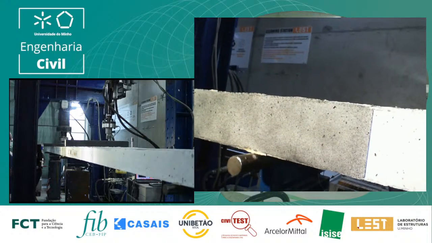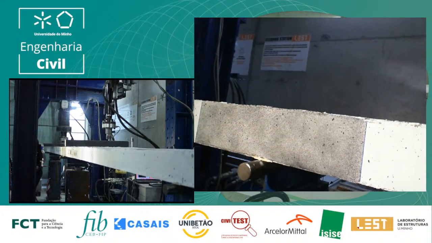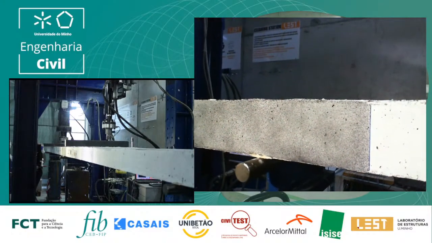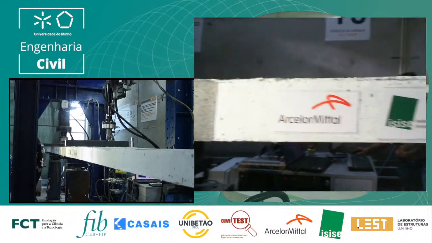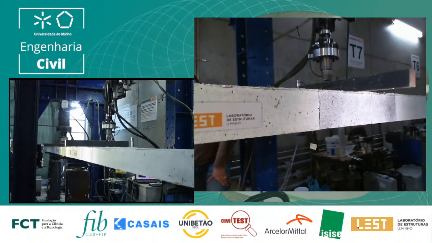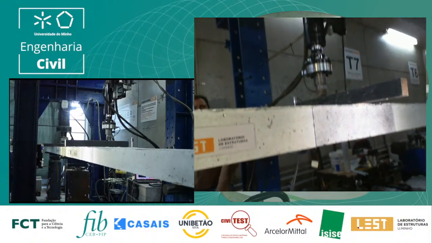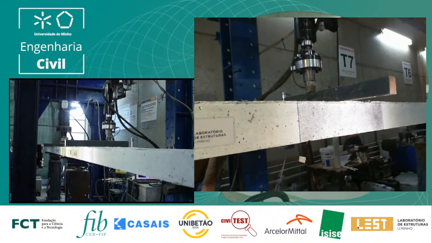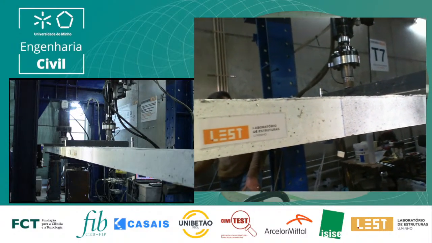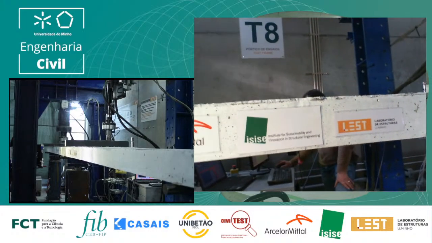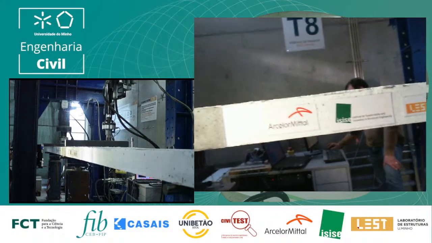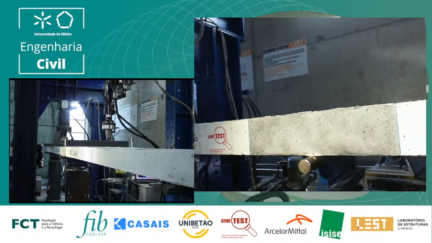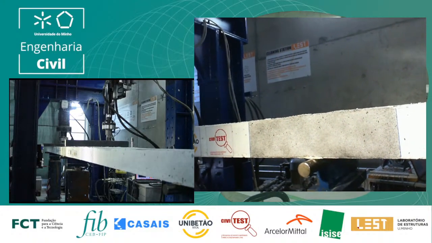And we have conventional reinforcement in the top part of the hogging region, and conventional flexural reinforcement in the bottom in both sagging regions. So we have fiber reinforced concretes, and the idea is to verify the influence of fiber reinforced concretes for continuous beams.